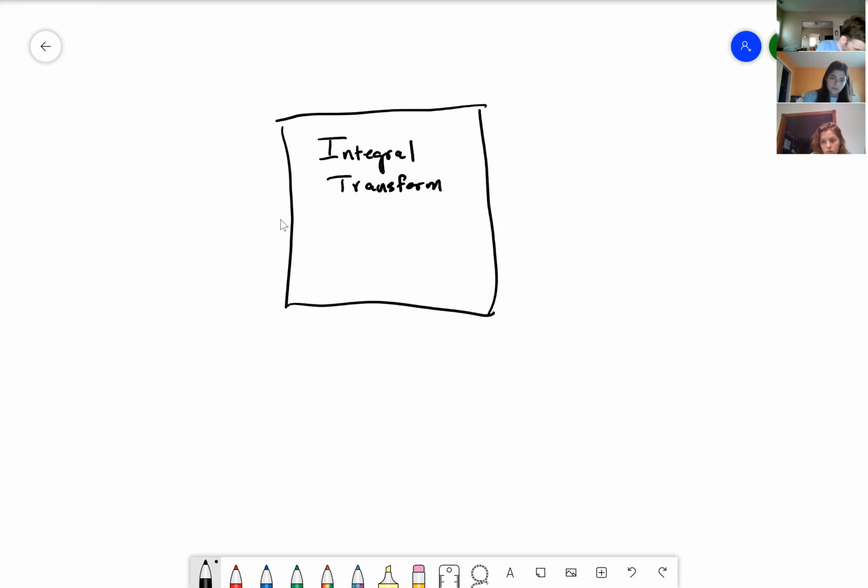An integral transform takes in a function. So we'll input a function, and what comes out is another function. In both cases, this is a function of a single variable. And the way that it transforms the input into the output is using an integral.